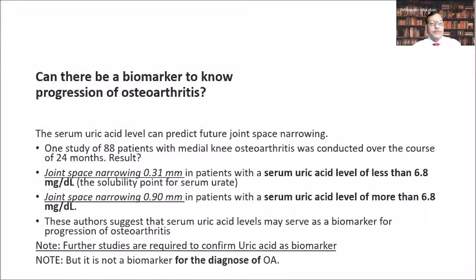Can there be a biomarker to know the progression of osteoarthritis? Many researchers have come out with the idea that the serum uric acid level can predict future joint space narrowing.